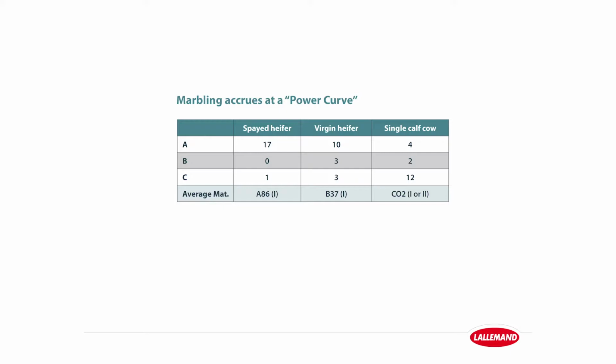And then the single calf cow, the table is flipped now. We still have four that are A, but the majority have advanced to C maturity. The same thing that we showed you last night in our Corriente heifer. And you'll see that in the meat lab today. An older animal, more advanced skeletal maturity.